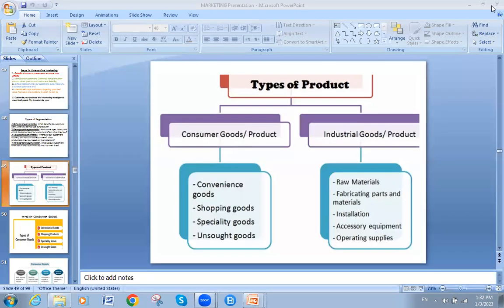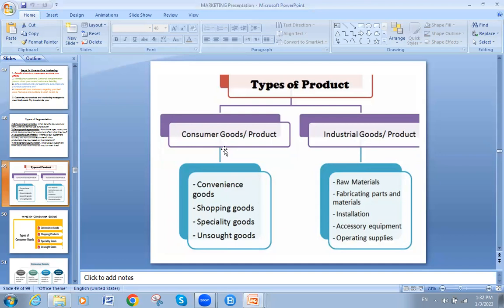Okay, we are almost at the marketing presentation. In this lecture, we will talk about the types of products, like you see here. We have consumer goods and industrial goods. What's the main difference between them?